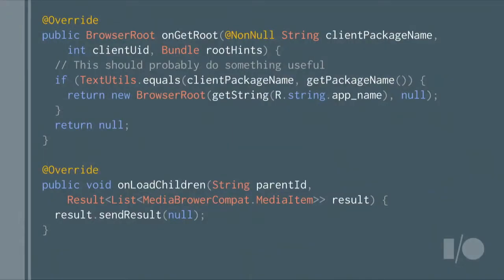And there's two other methods, onGetRoot and onLoadChildren, which are required to be implemented. These are really important for Android Auto. But for us, we just need to know that you need to return something not null in onGetRoot for any connections to succeed. So in this case, I'm just saying, am I calling myself? Good. All right, great. Here's a root that gives you no children back, and we're on with our life.